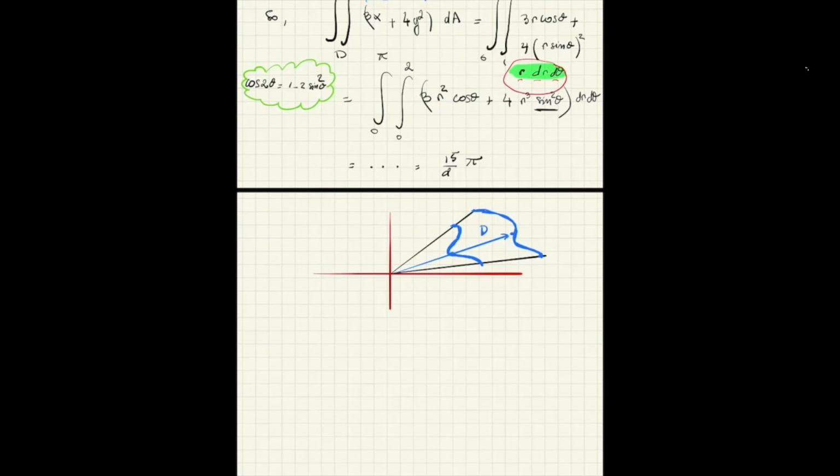I still have 10 minutes. So more general regions look like this.